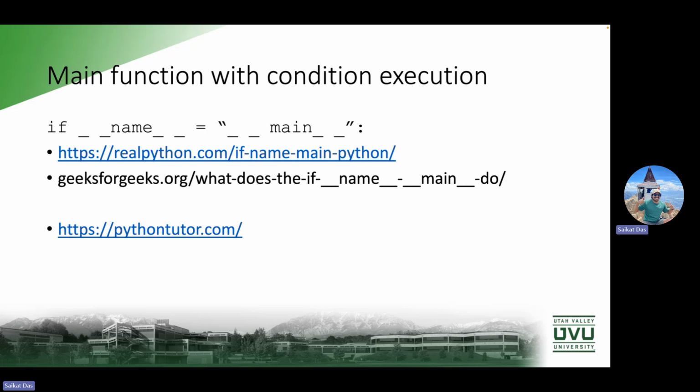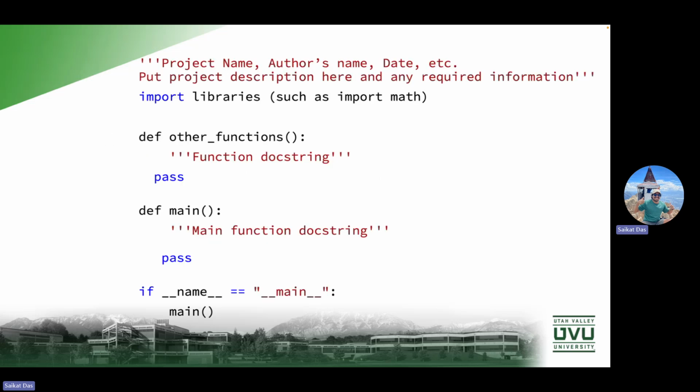Now, if I write the code, it could be like this. The first two lines are the docstring of the program, not the function, the docstring of the program. Then importing a library, for example, import math. Then I have some functions, def, like other function, whatever function name I would like to use, the user-defined function.